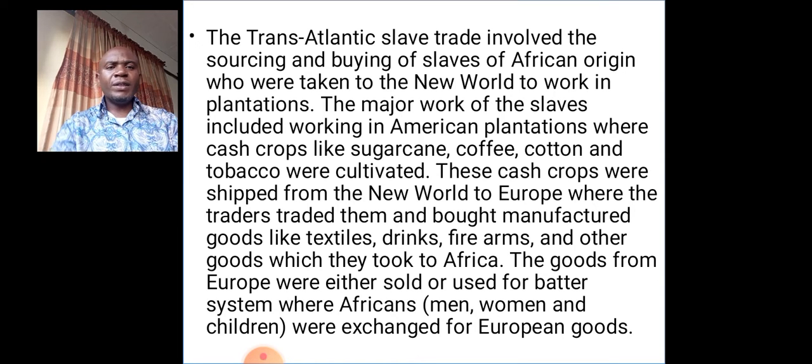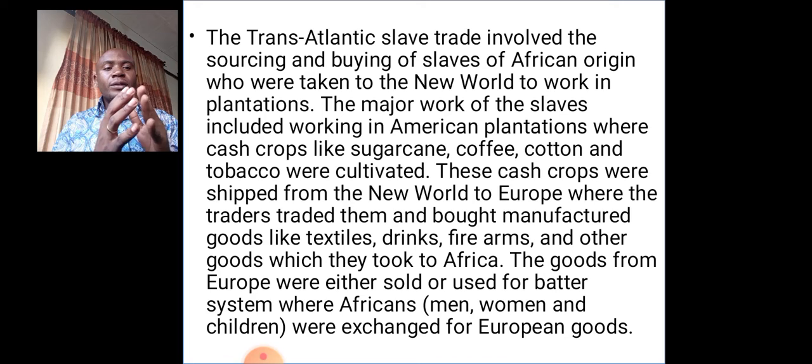So the major work of the slaves included working in American plantations where cash crops like sugarcane, coffee, cotton, and tobacco were cultivated. These cash crops were shipped from the New World to Europe, where traders traded them and bought manufactured goods like textile, drinks, firearms, and other goods, which they took to Africa.